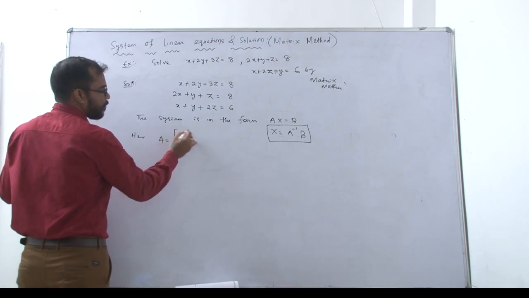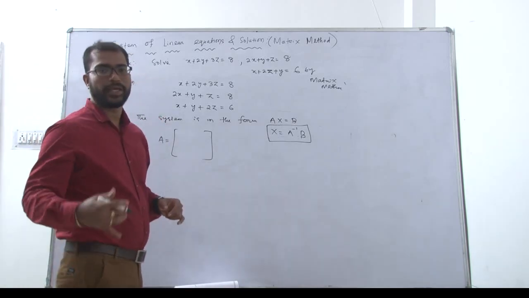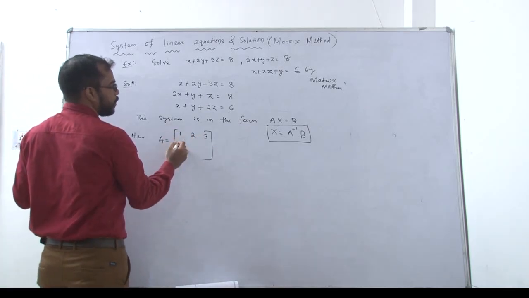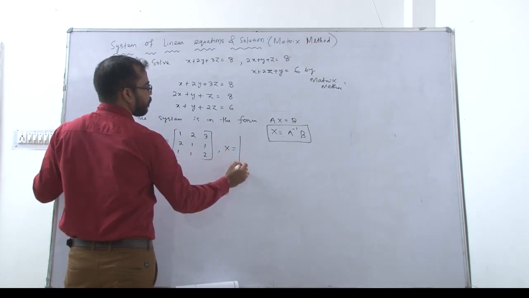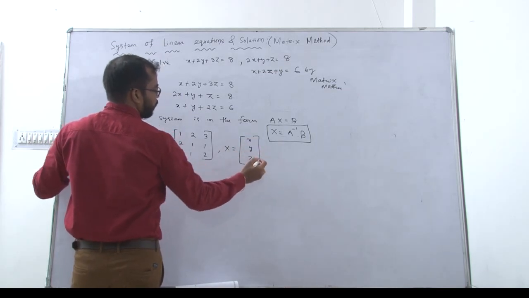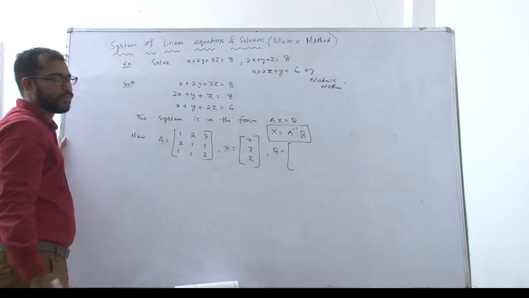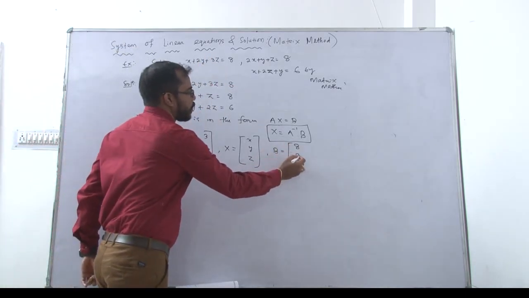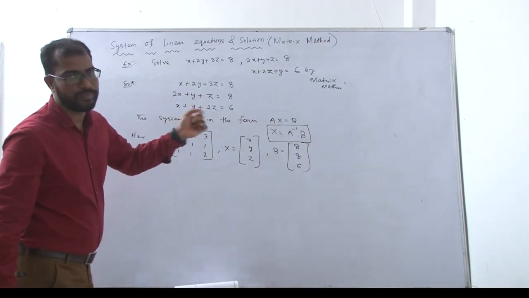First we have to find A in matrix form, that is A is the coefficients of the variables x, y, z, and the coefficients are 1, 2, 3, 2, 1, 1, 1, 1, 2, and X is the variable column x, y, z, and B is the constants which are on the right side of the equations, so that is 8, 8, 6. So first we write AX equals B.